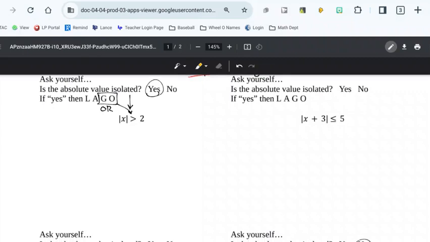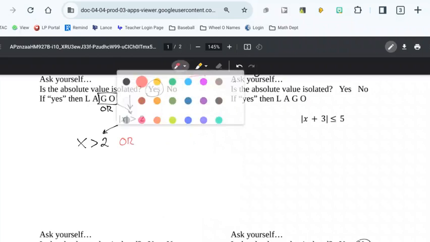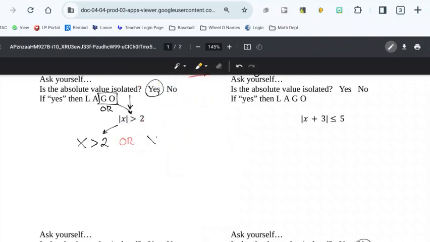Now the way we're going to show this is when we split to solve, we have x is greater than 2, and then we're going to write or x. And now remember, when we go to this second situation, we need to flip the sign.